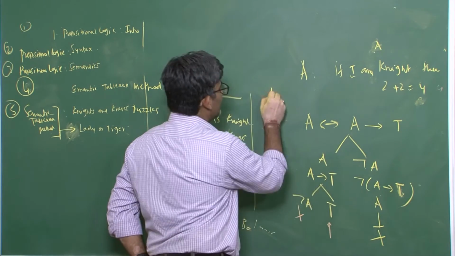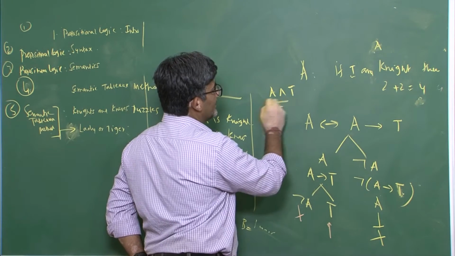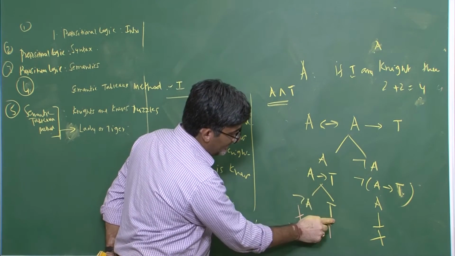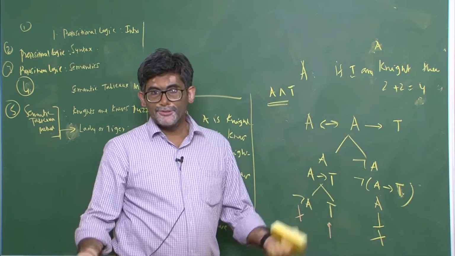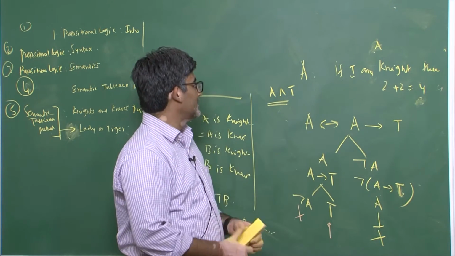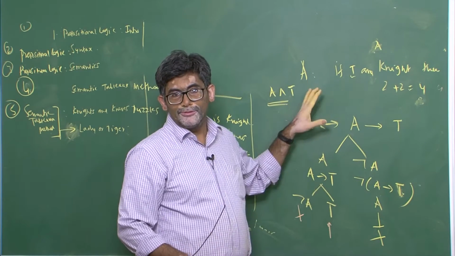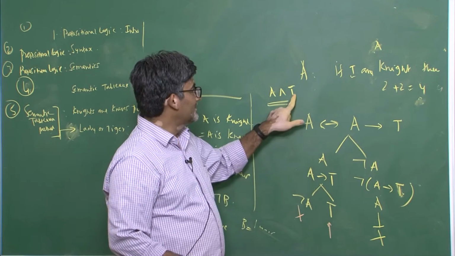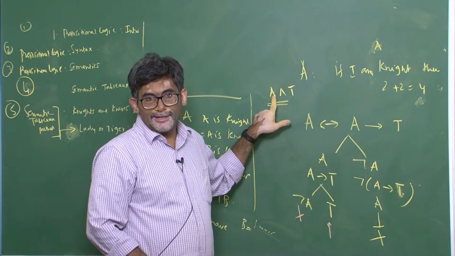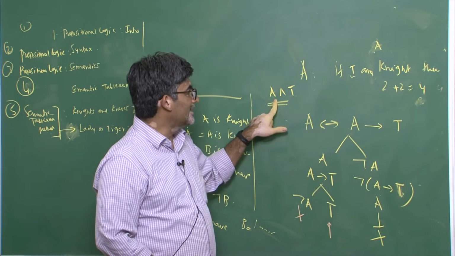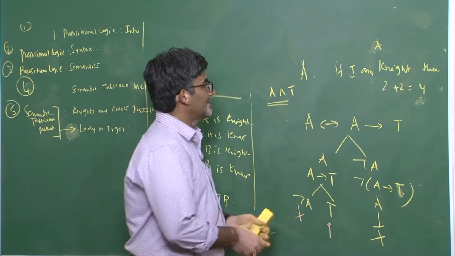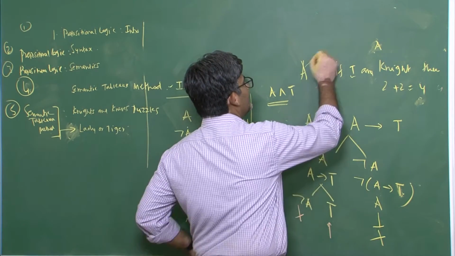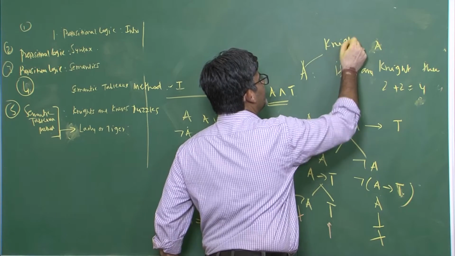So A and T is what we have here. That means A has to be true, I mean he has to tell the truth, because A and T is going to be true only when both are considered to be true. So this is already true, it cannot be a knave, because if it is a knave the sentence is going to be false. That is the reason why we can say that A is a knight.